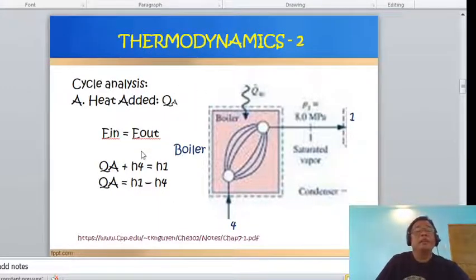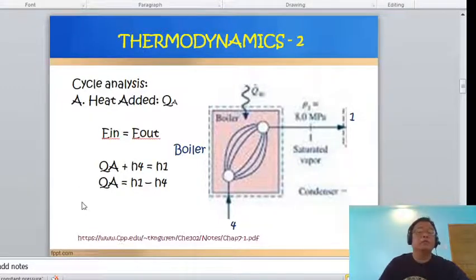Okay? So the entering, class, of course, is the heat added. So as what I have said, this heat added is a function of the mass of fuel and the heating value of the fuel. Plus, okay, entering, class, is the enthalpy at 4, or enthalpy of the feedwater. Okay? That is, class, equal to the enthalpy of the leaving steam from the boiler, h sub 1.